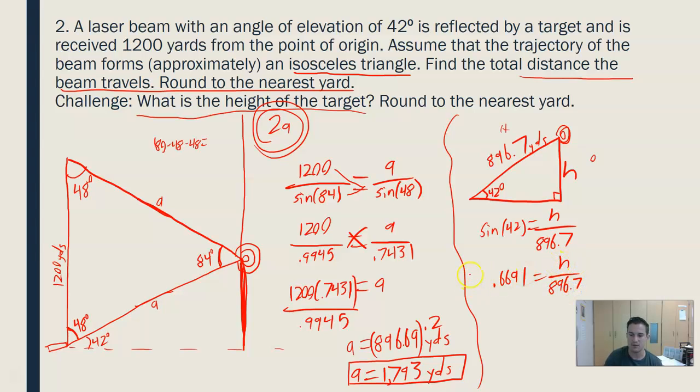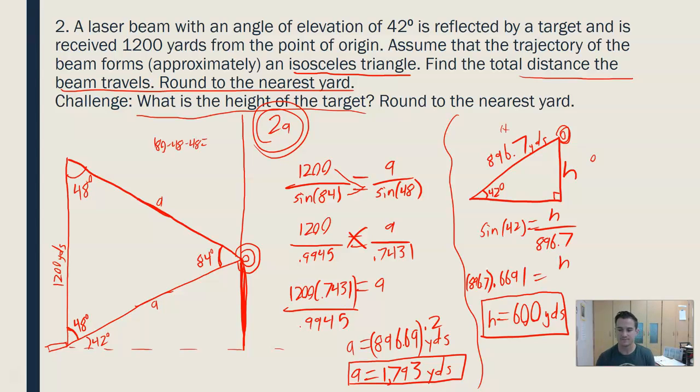Then when I multiply by 896.7 on both sides, 0.6691 times 896.7, that gives me approximately 600, that comes out really nicely, about 600 yards.